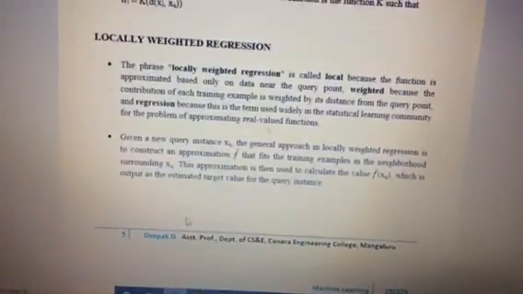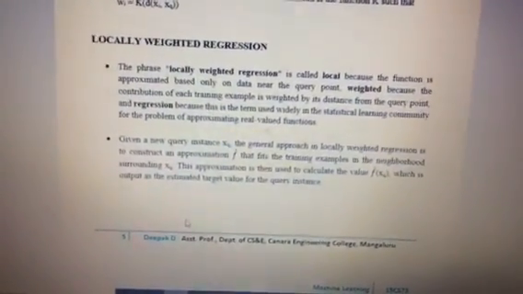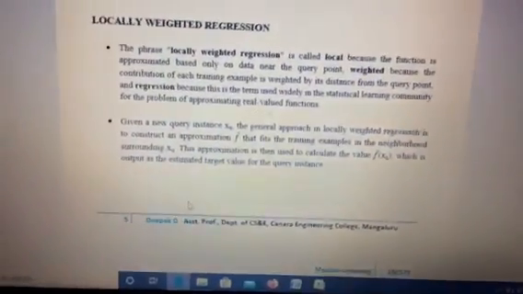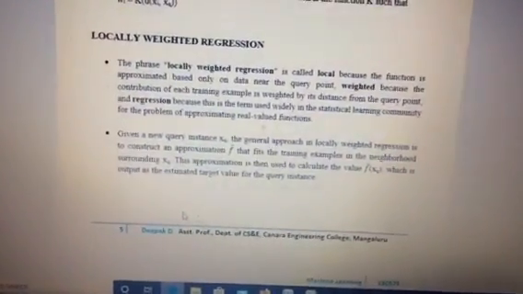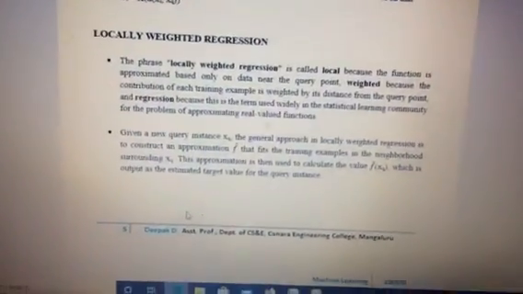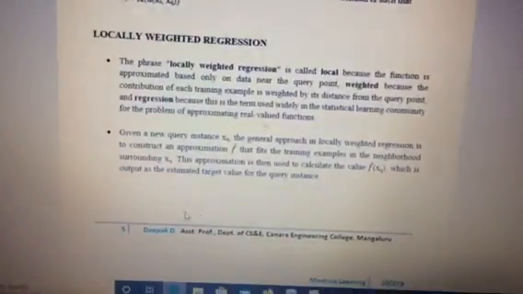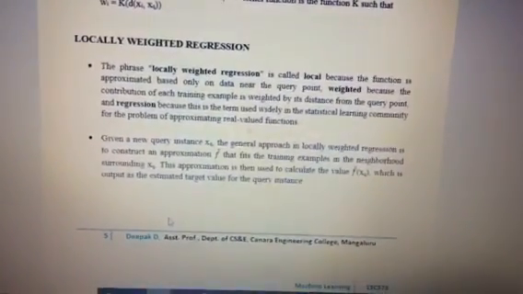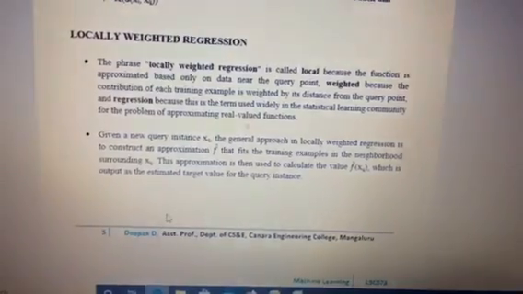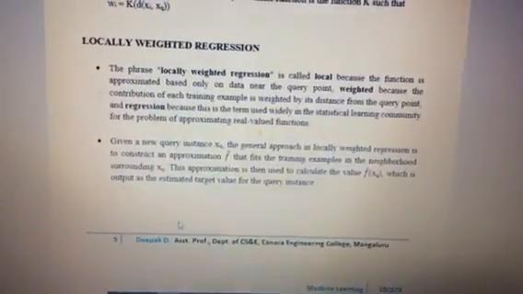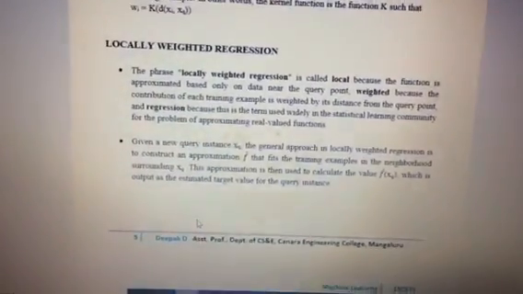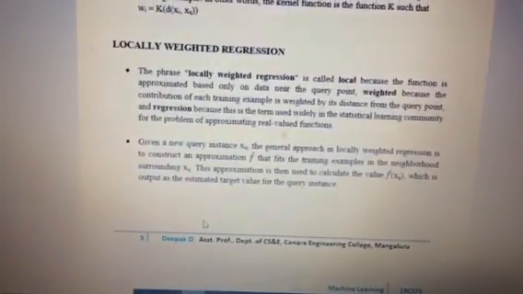So when we compare locally weighted regression to linear regression, here we are going to consider the entire data points, and later we are going to assign the weights based upon the distance, that is the Euclidean distance that has been calculated. We assign the weights in such a way that the nearby neighbors are assigned larger weights, and this forms a local area as shown in the figure.